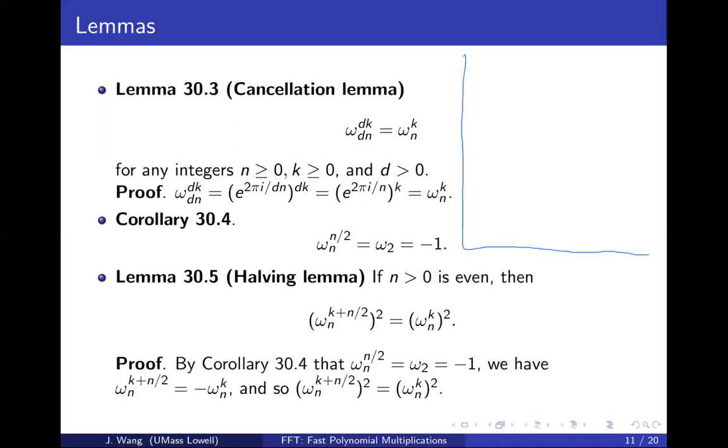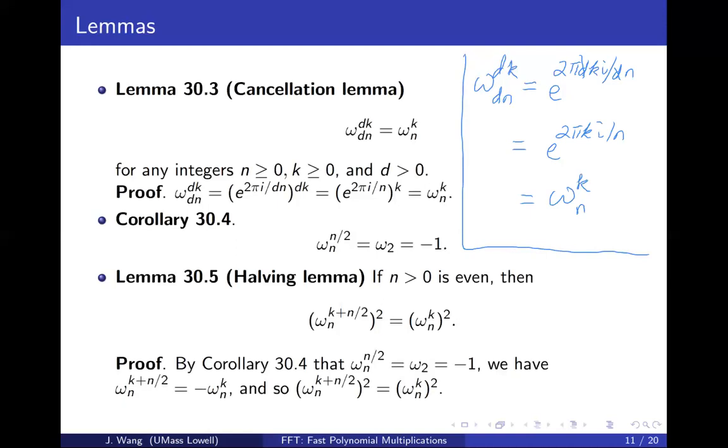So omega dn to the dk: we have e to the 2 pi dk i over dn. So this d cancels, and we get e to the 2 pi k i over n. We know this is just omega n to the k. So this is pretty straightforward.